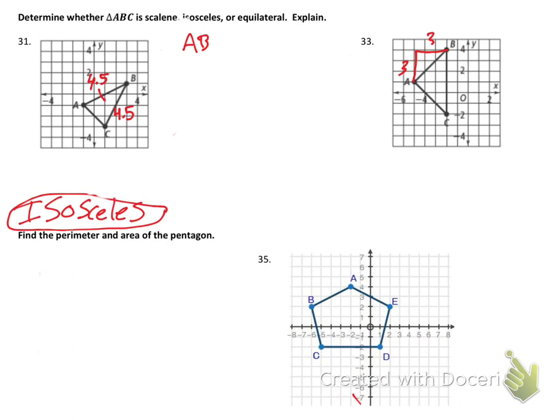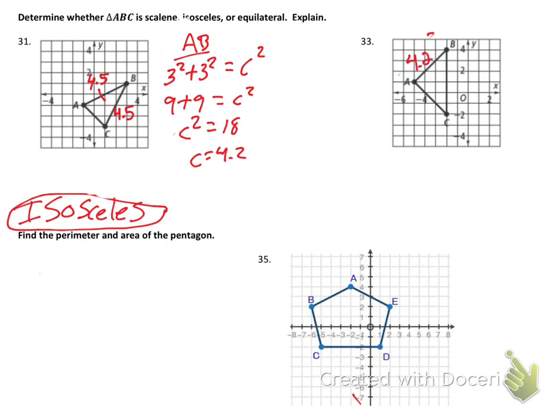So 3 squared plus 3 squared is equal to C squared, C being A to B. That'd be 9 plus 9 is equal to C squared. C squared is equal to 18. So I take the square root of 18, and I get 4.2. So this right here is 4.2.